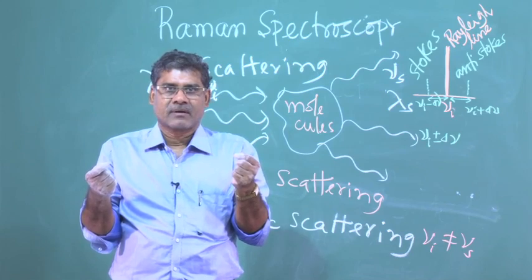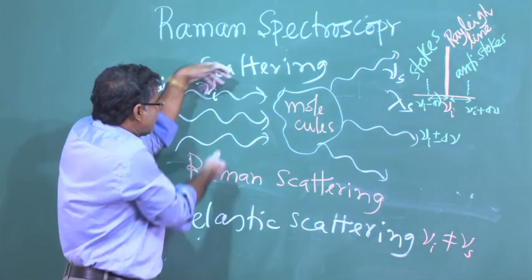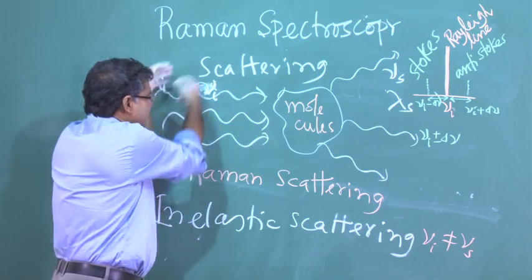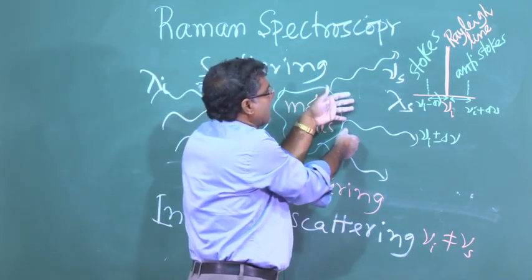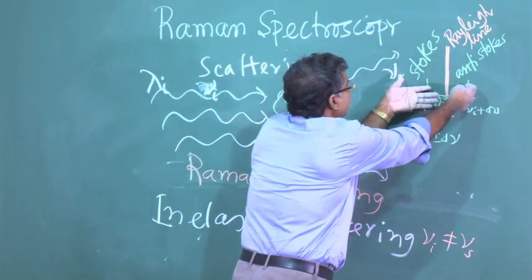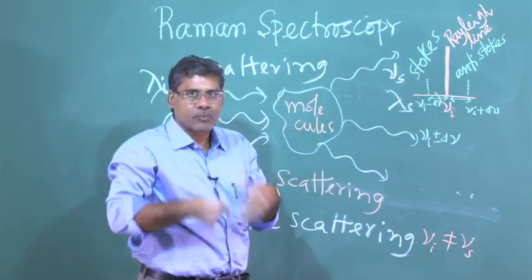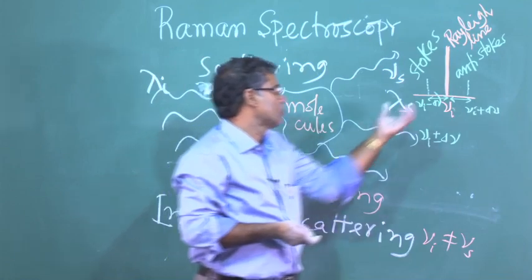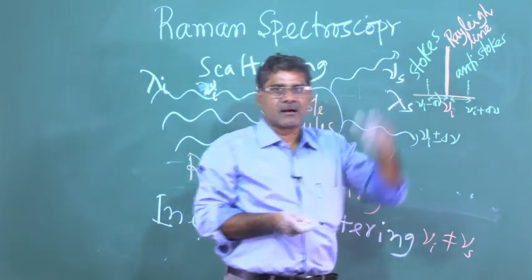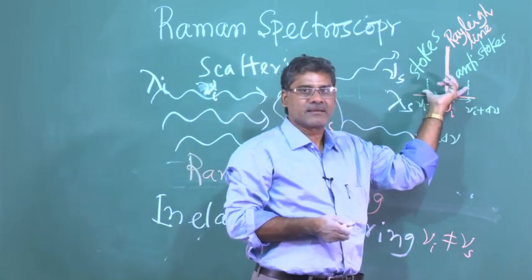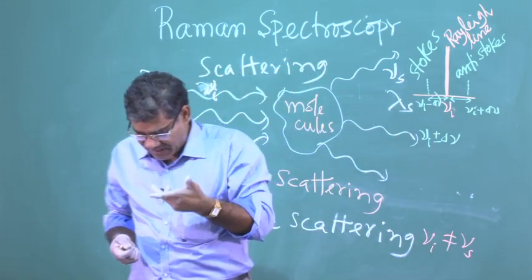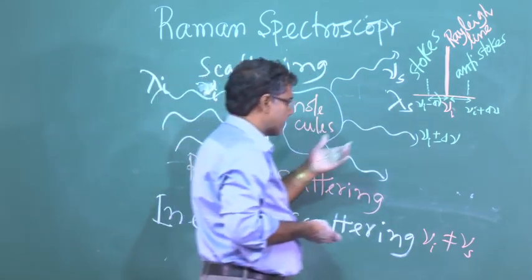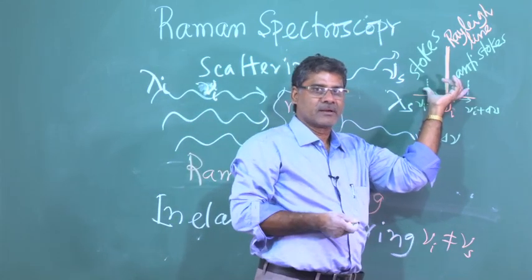If you can increase the intensity of the incident light, there will be a higher probability to get this scattering.